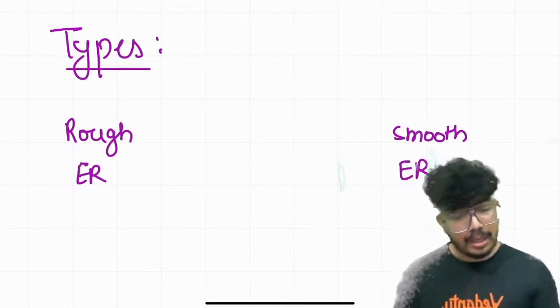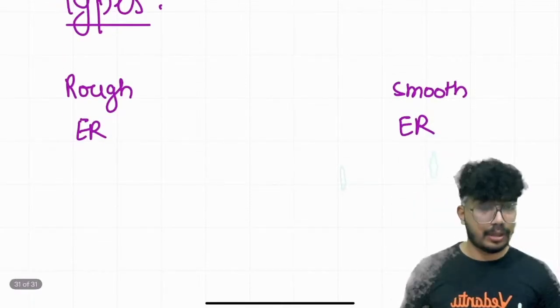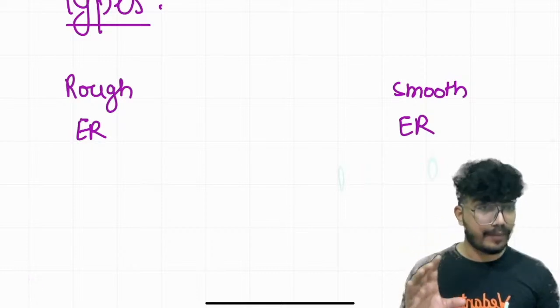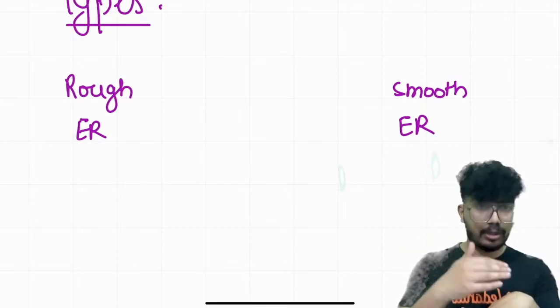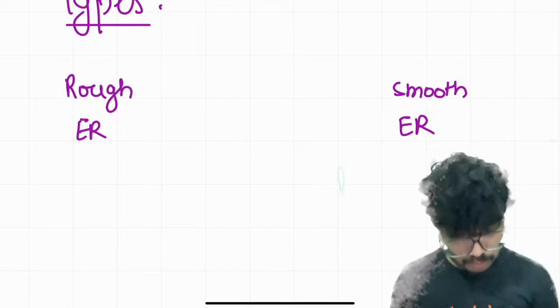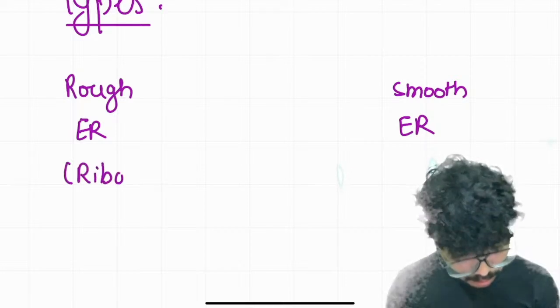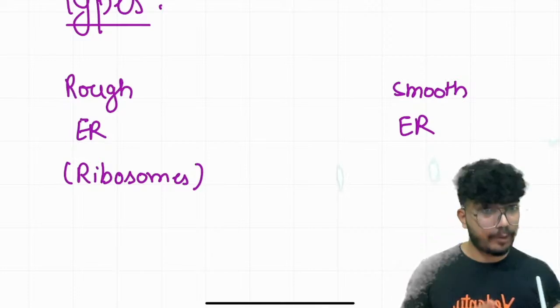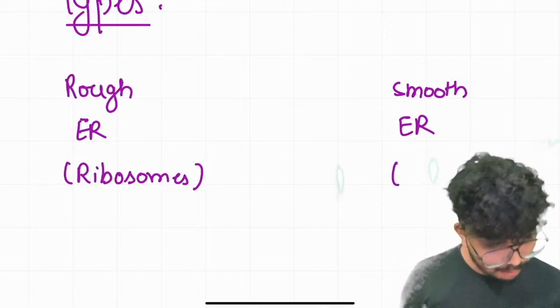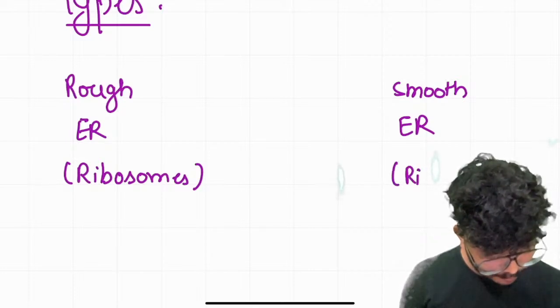Do you know why? Rough endoplasmic reticulum is going to appear rough on its surface because of the presence of the ribosomes. But for smooth endoplasmic reticulum, ribosomes will be absent.